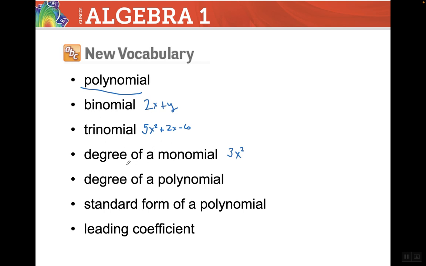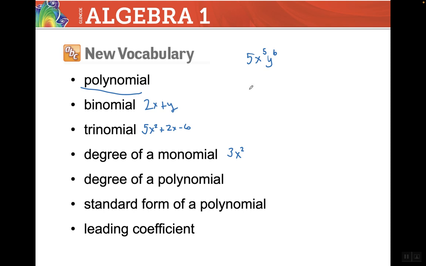And then we'll talk about the degree of a monomial, which you know how to do because we did this. It is just going to be all of your variable degrees added up. So I'm going to do a couple examples real quick. If I have 5x to the 5th, y to the 6th, the degree of this monomial is 11 because I have a 5 and a 6. And it's only the variables because the degree of a constant is 0.